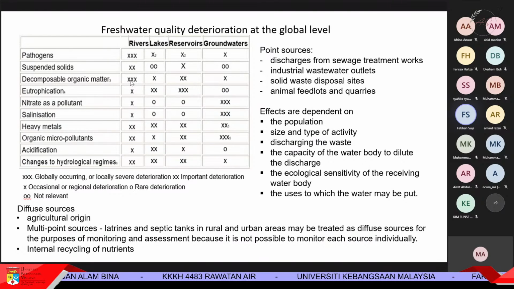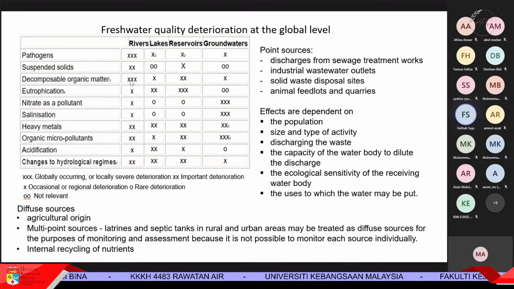Heavy metals are also very important, depending on the river, depending on the human activity, in rivers, lakes, reservoirs, groundwater. Organic micropollutants, rivers, reservoirs, groundwater. Acidification, lakes. Changes of hydrological regimes, rivers, lakes and reservoirs, and also less effect on the groundwater.